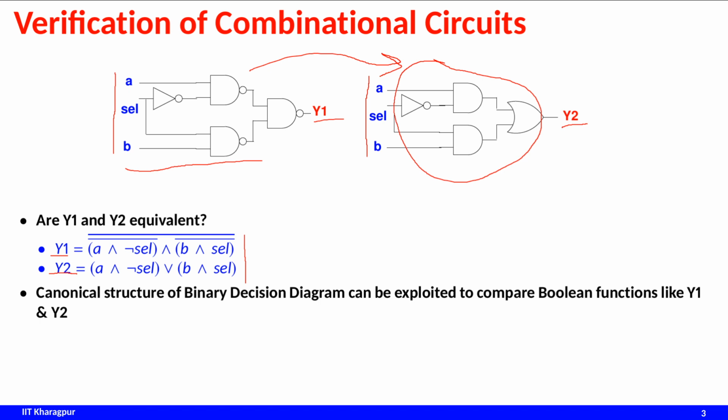Now I can use a binary decision diagram based methodology, where if I represent this functionality in BDD form, then they will yield the same diagram. Provided there is a restriction, you have to ensure that the variable orderings are the same, then it will lead to a canonical structure, and then we can verify whether y1 and y2 are the same or not. So that is the very simple thing.